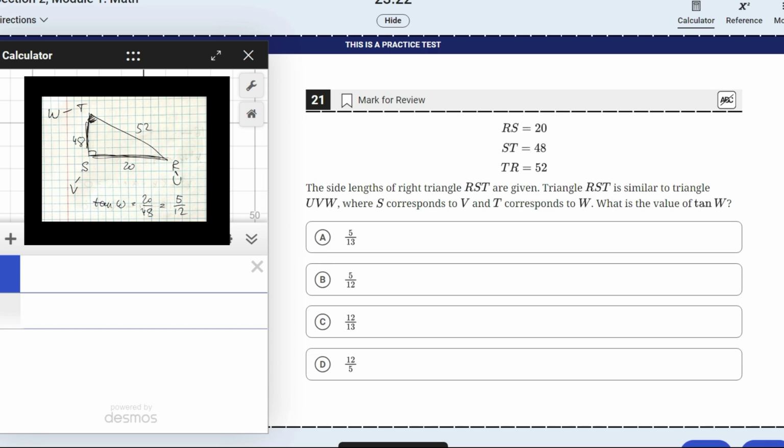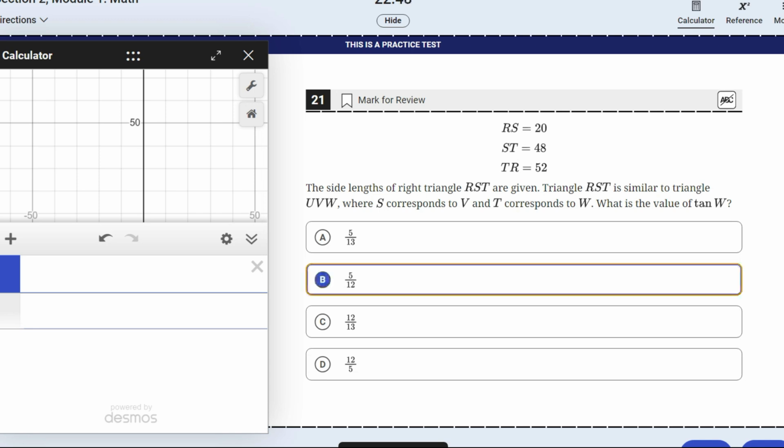So S corresponds to V, T corresponds to W, and then we need to find the tangent of angle W. Tangent is opposite over adjacent, so we get 20 over 48. We'll look at the answers. None of them matches what we have, so we also have to simplify this fraction. We can divide by 4, and that gives us 5 over 12. And that would be the right answer here.